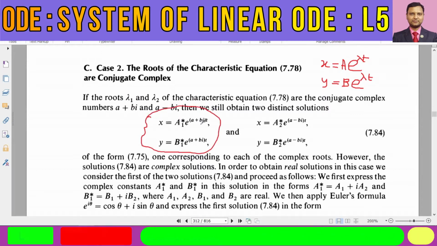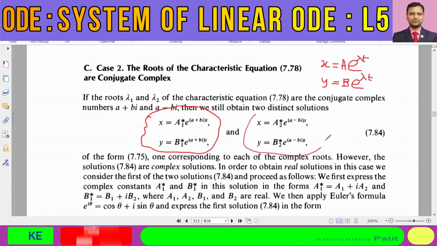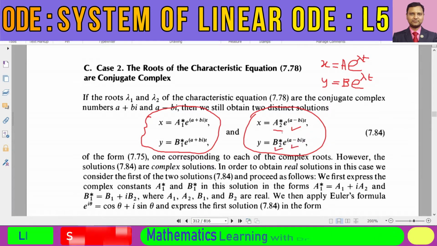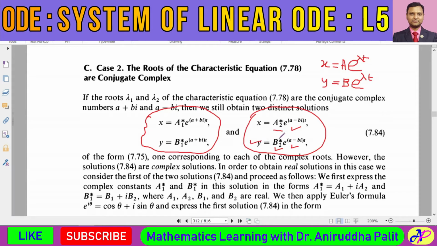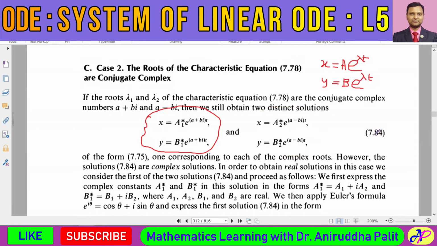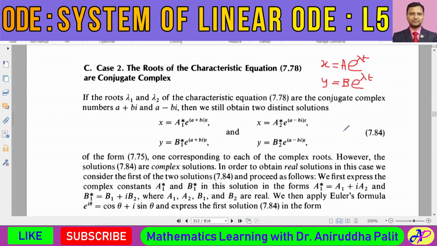Similarly, if we put lambda equal to lambda 2, we will get the values of x and y as A2 star e to the power of lambda 2 t, and similarly B2 star into e to the power of lambda 2 t, which gives us the value of y.